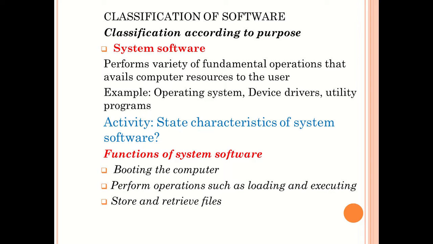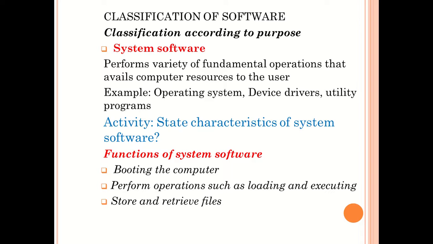Device drivers are also there to manage devices connected to your computer system through some set of instructions. Then you have utility programs, which also help ensure that everything is up and running to perform different functions.